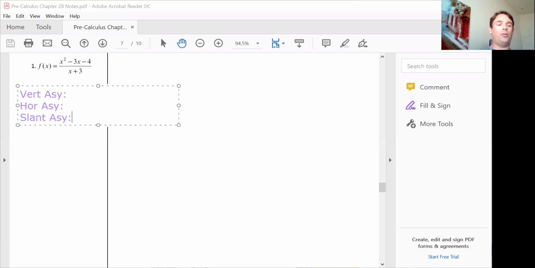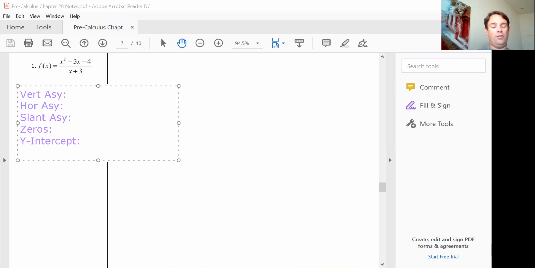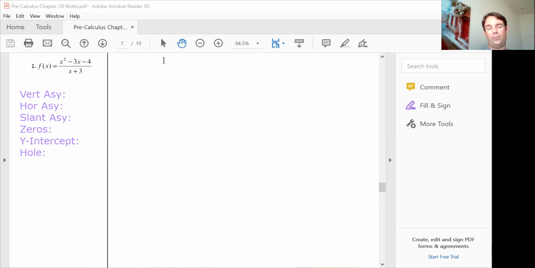Again, you can only have the horizontal or slant, can't have both. We're going to have the zeros of the function, including multiplicity. We're going to have the y-intercept. And we're also going to have the poles, if there is one. So that's kind of what we're playing with today. Okay? So let's see how this works.